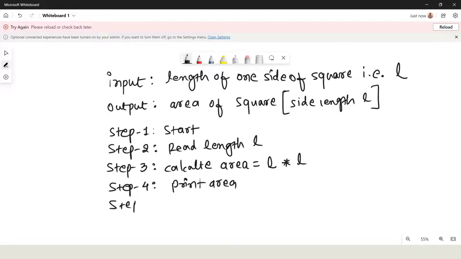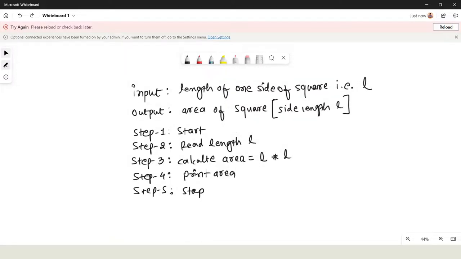Step 5 would be stop. So this is an algorithm to find the area of the square. Okay, let me write this.